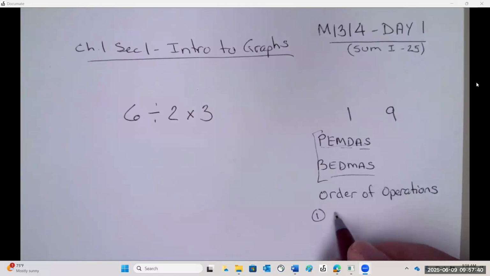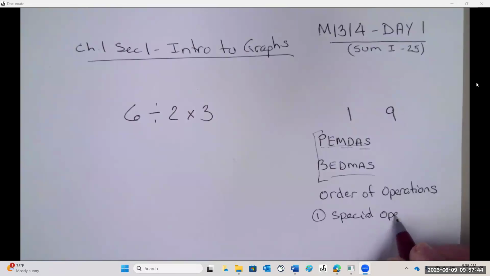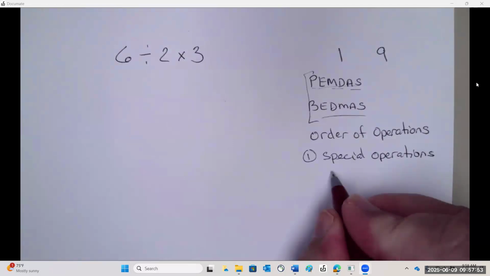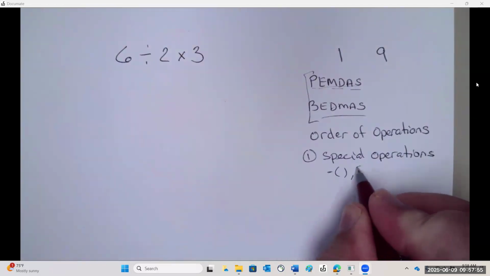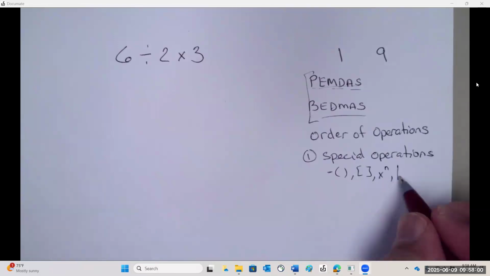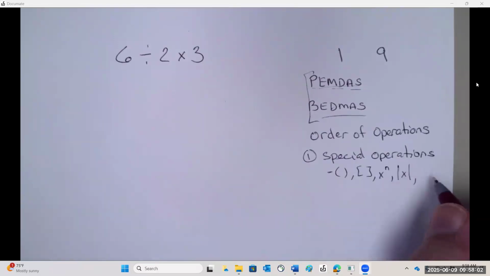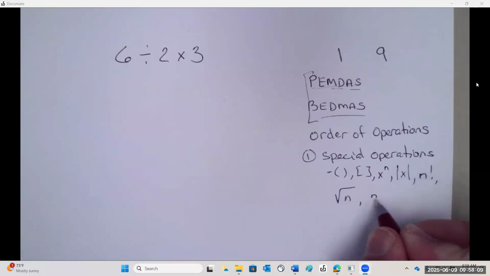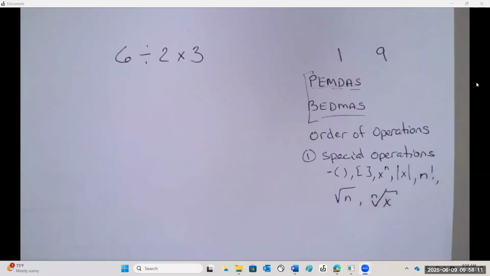First thing you do, special operations. What do I mean by special operations? Parentheses, brackets, exponents, absolute values, factorials, square roots, nth roots, and there's a whole bunch of them.